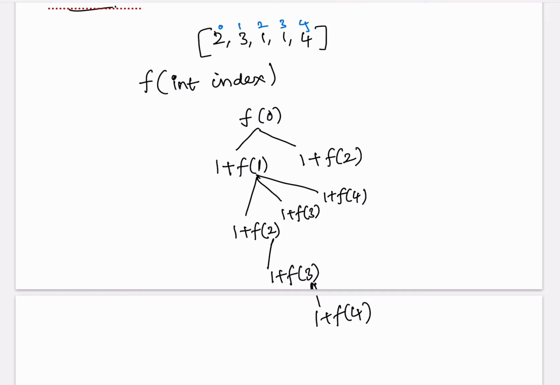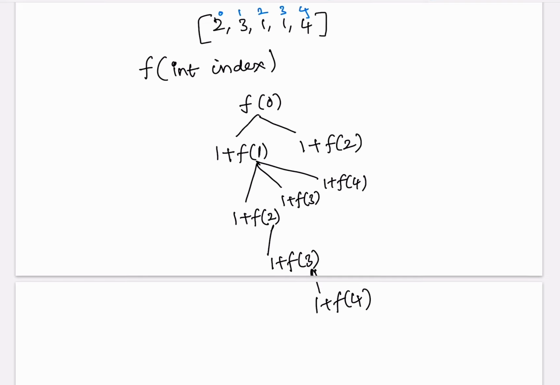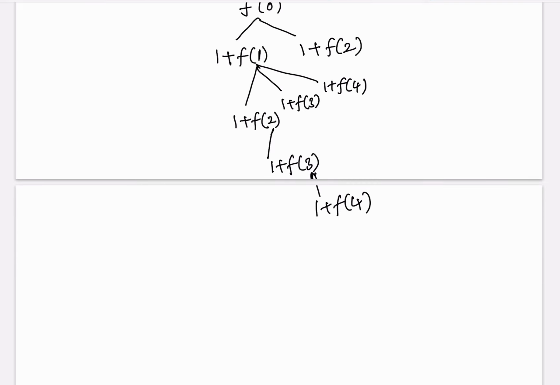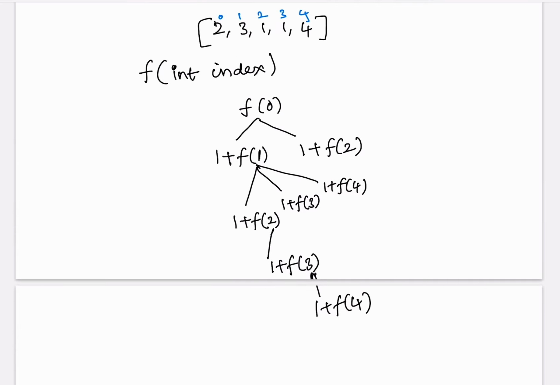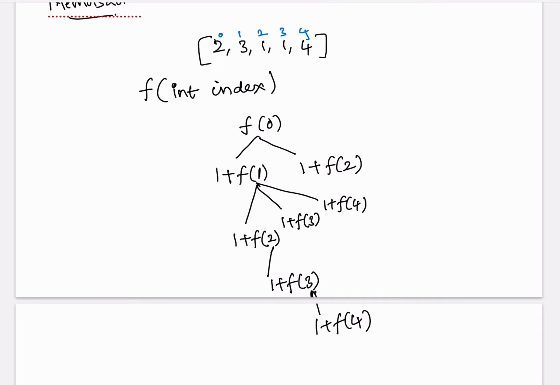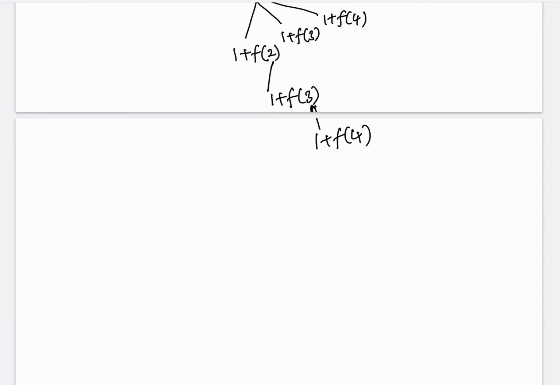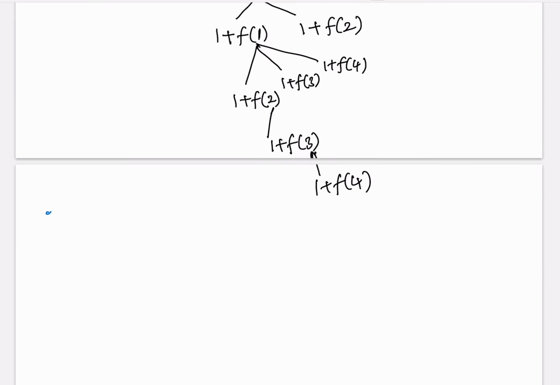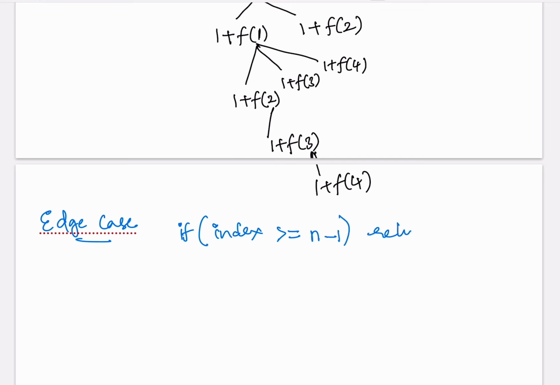So you have to do one thing. You have to stop when our index matches the last index. The edge case is that if our index is greater than or equal to n minus 1, we return 0.